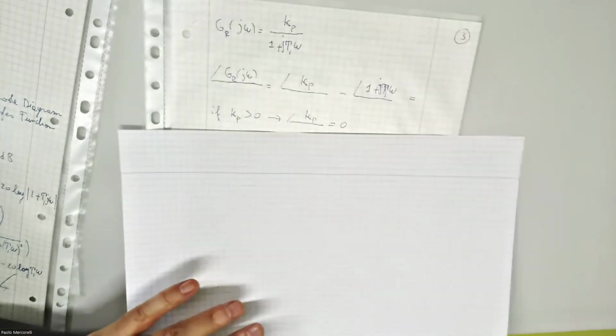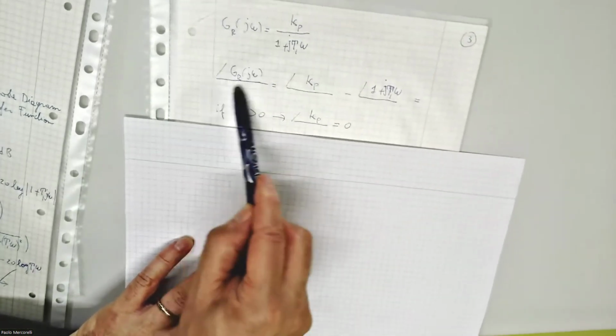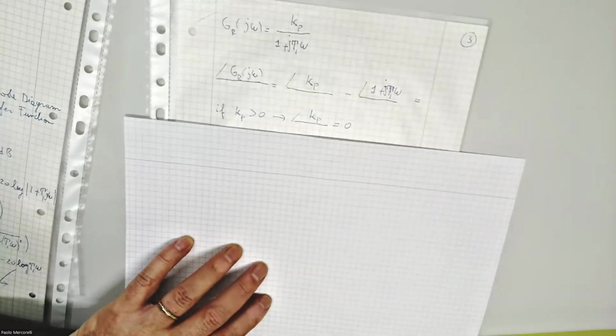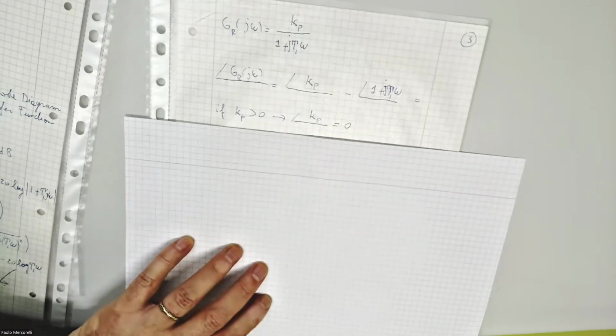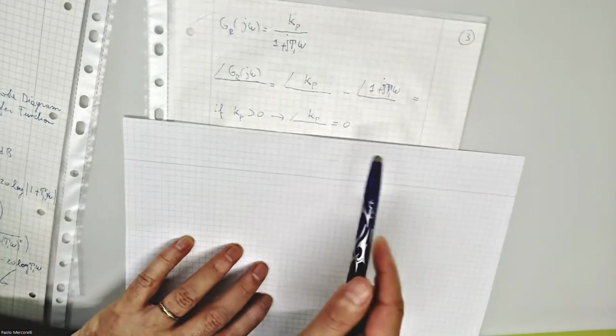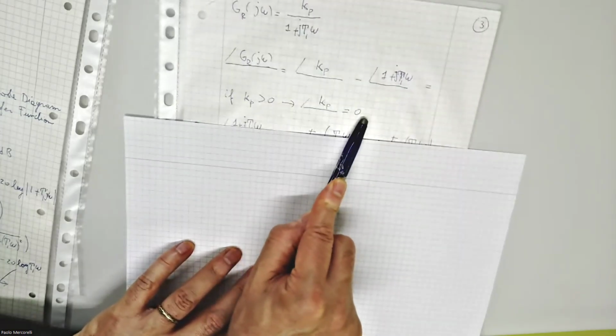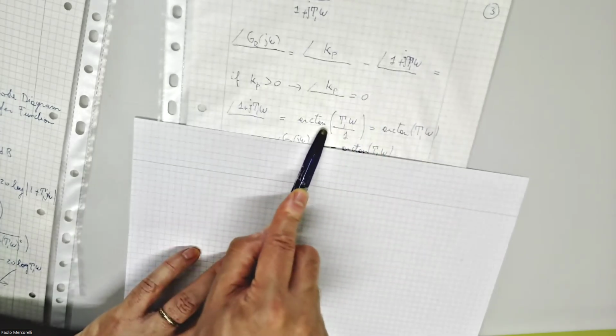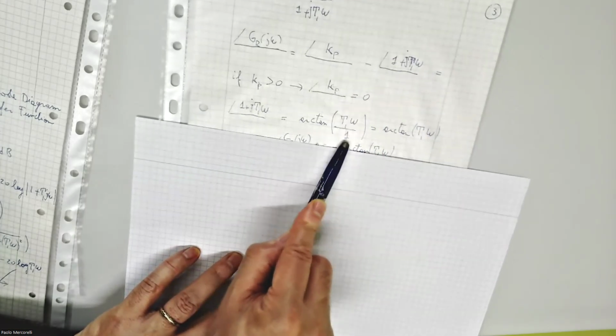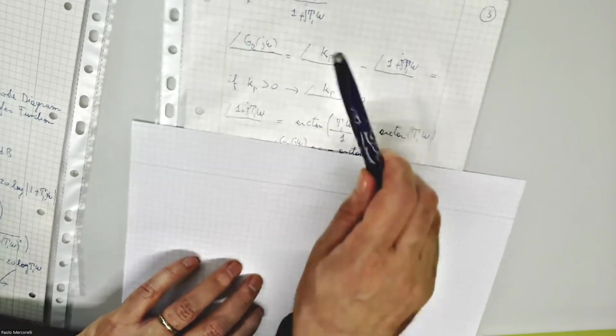I don't have the demonstration, but probably in complex numbers you did this, if this is defined as a ratio. I don't have time to show you, but probably you remember this. The phase of Kp is 0, if Kp is positive. And the phase of this is always arctangent of imaginary part divided by real part. This means exactly this one.